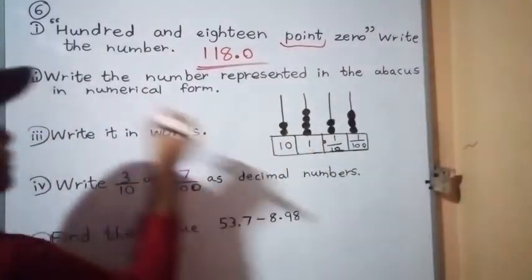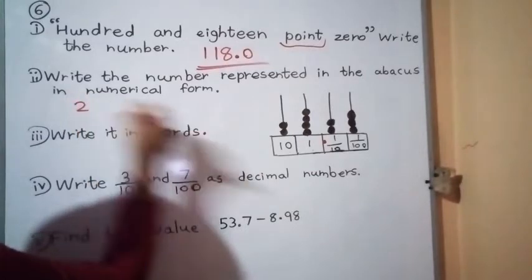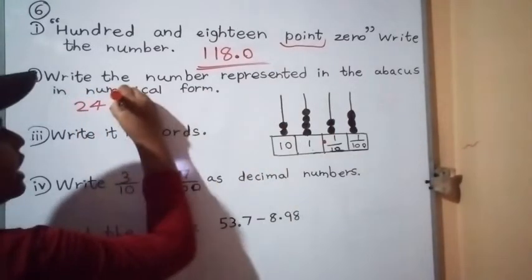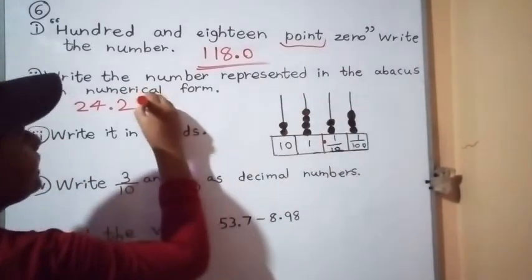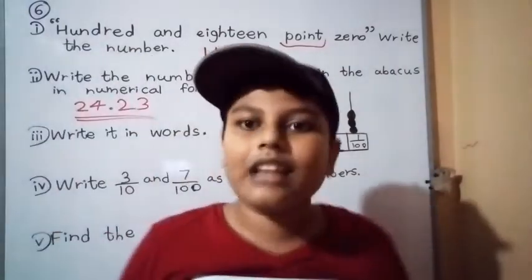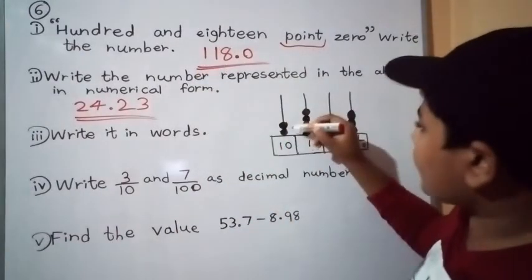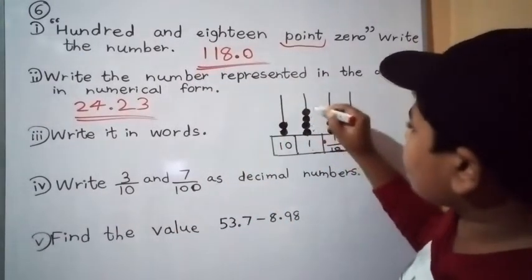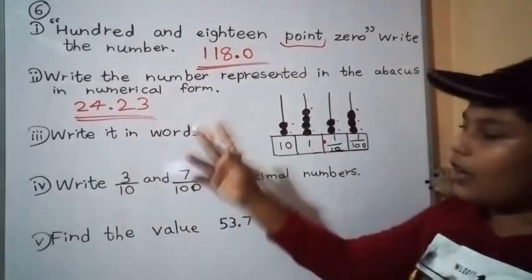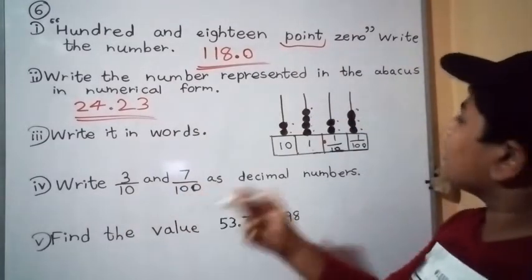Now the number has 2 in the tens place and 4 in the ones place. You want to keep the point. There are 1, 2, then 1, 2, 3. 24.23 is the answer, because 1, 2, then 1, 2, 3. Now you can write the number represented on the abacus.